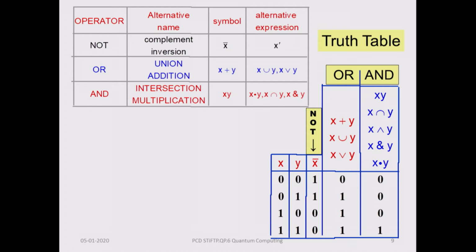And then using the 0 and 1 and symbolic logic, you can generate these truth tables. So if you have 2 inputs x and y, then depending on what combinations you have of the 2, you will have a net result which will be either true or false. So 1 represents true, 0 represents false, and you can develop these truth tables.